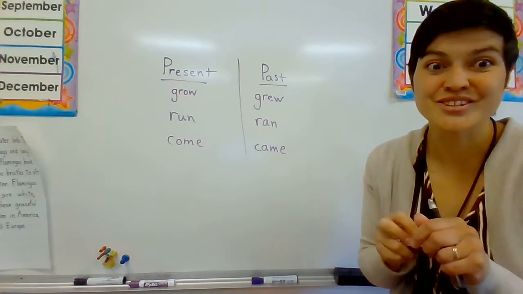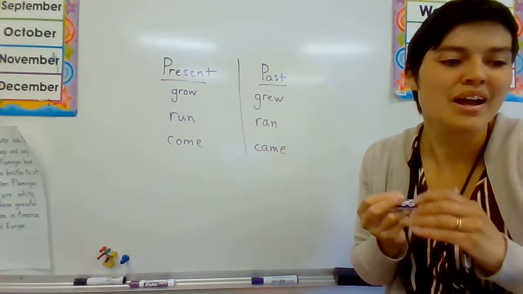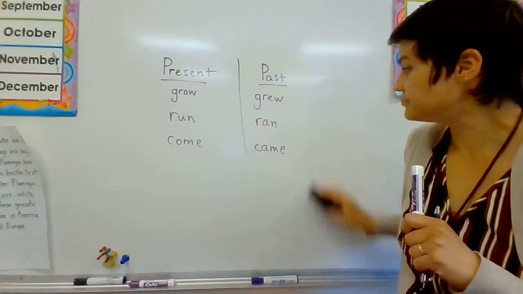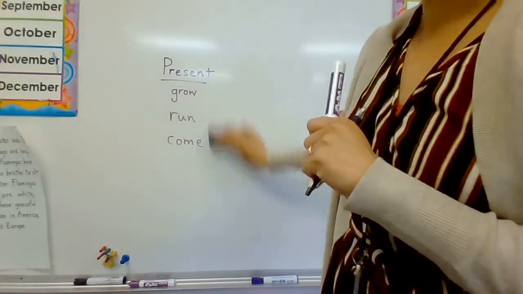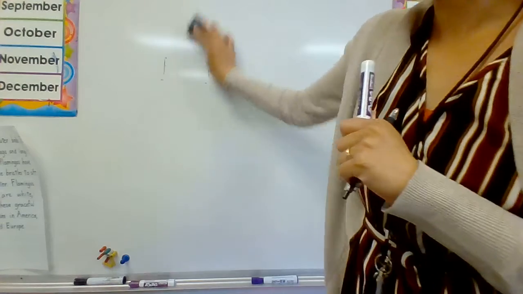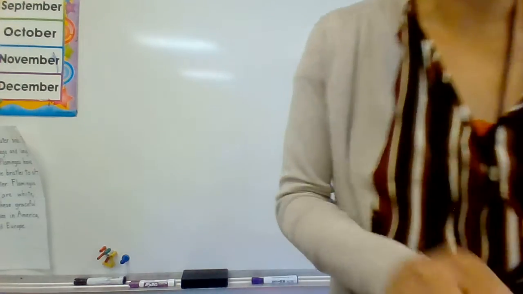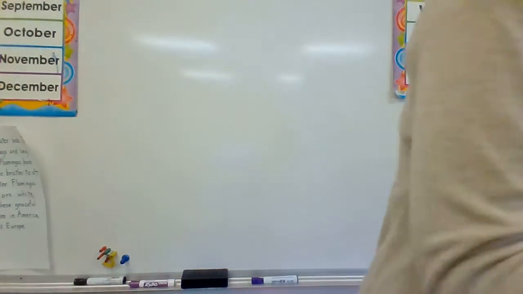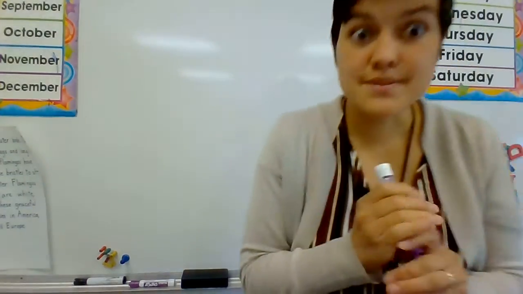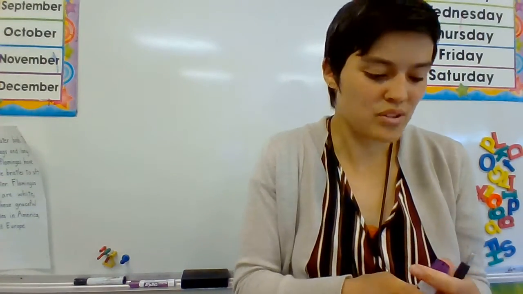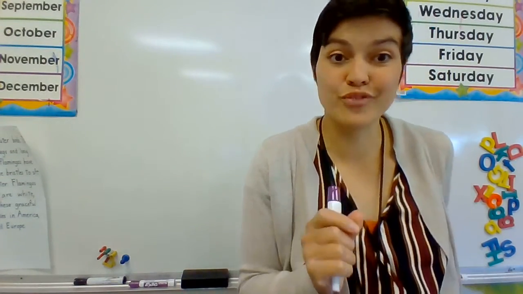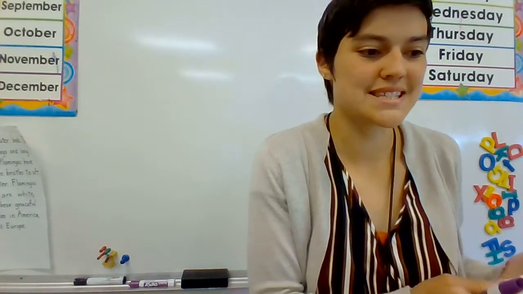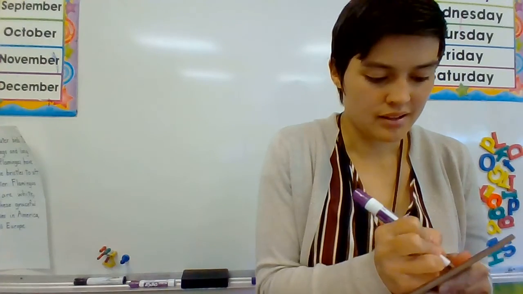Now listen to these sentences. I will read some sentences and you will help me to figure out which verb I need to use in each of these sentences, okay?